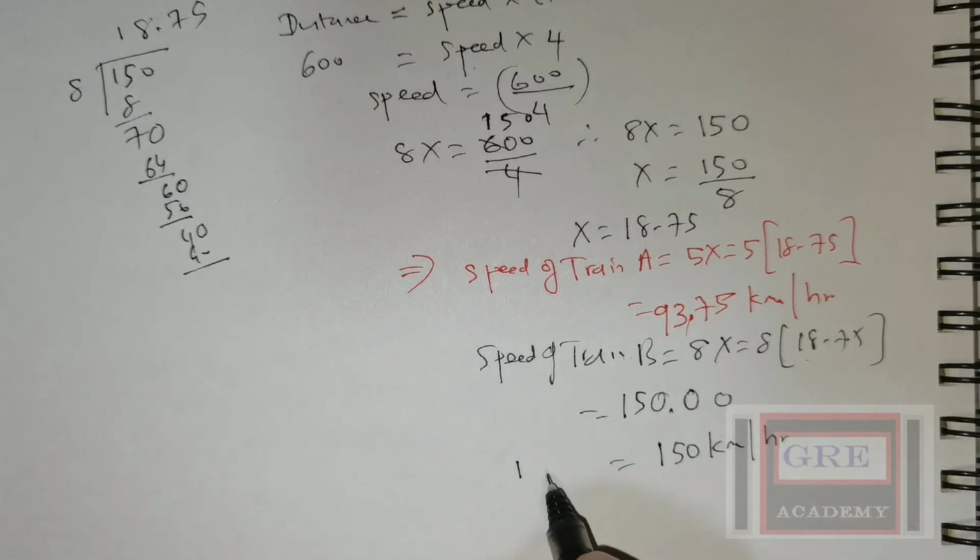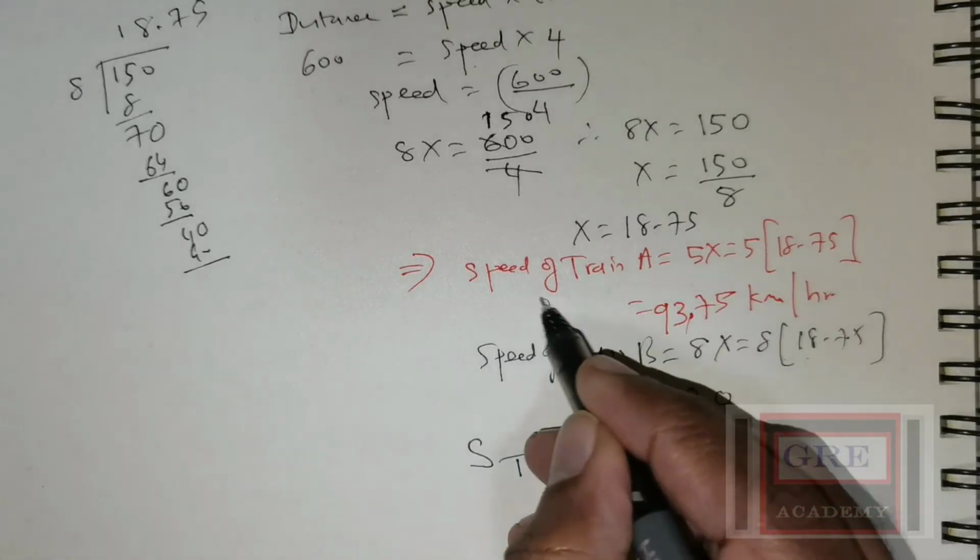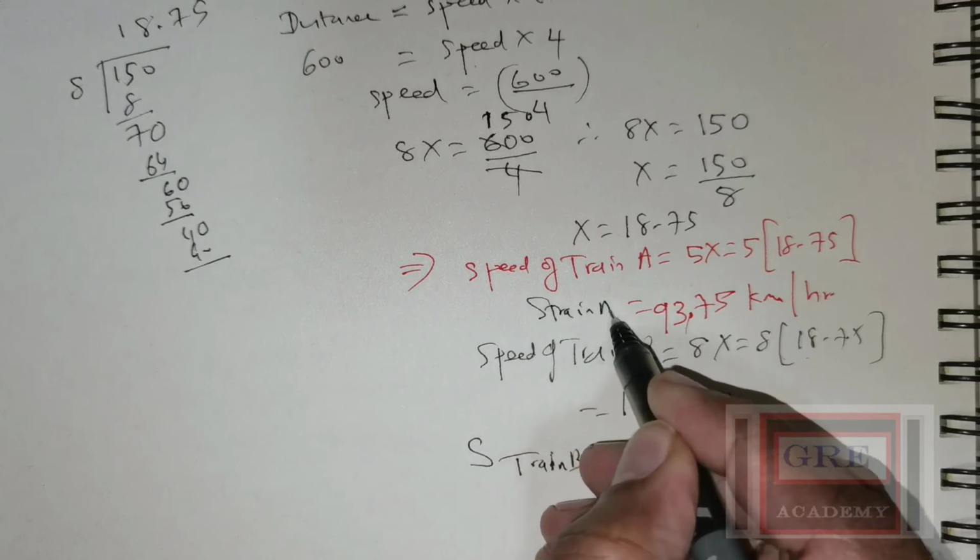This is the speed of train B. And this is the speed of train A.